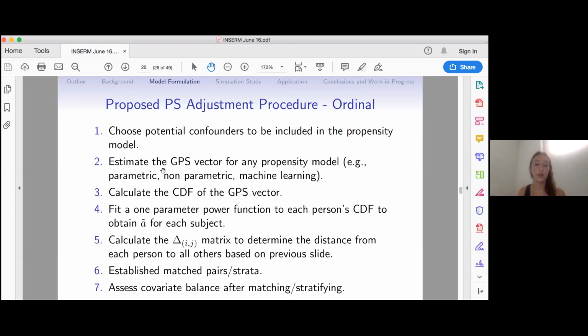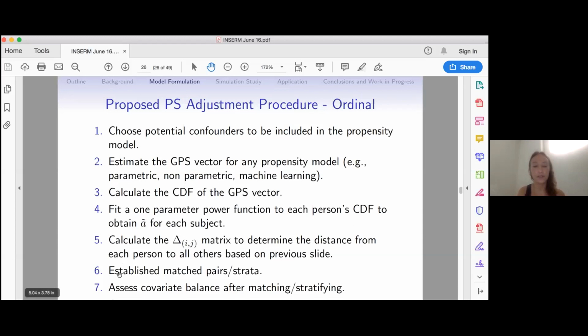Step 2, estimate your GPS vector from any propensity model you choose. Step 3, calculate the CDF of the vector. Fit the 1 parameter power function to each person's CDF. Get your A tilde for each subject. Based on this AI, AJ, calculate the distance matrix to determine the distance from each person to all others.